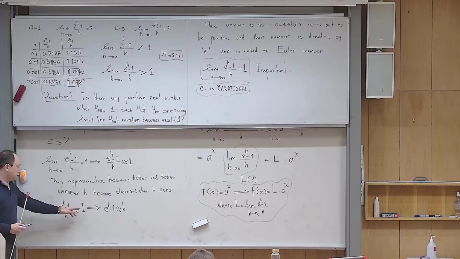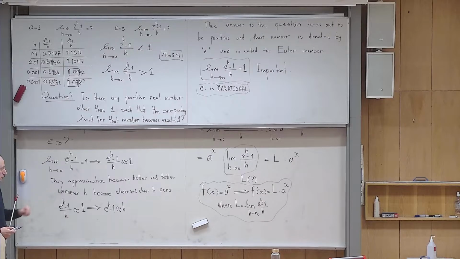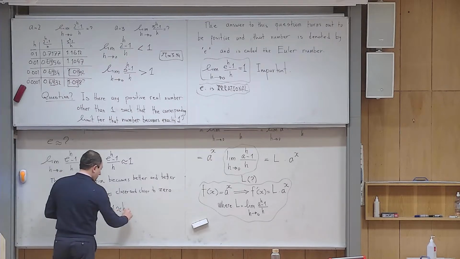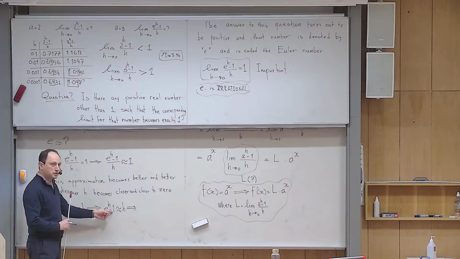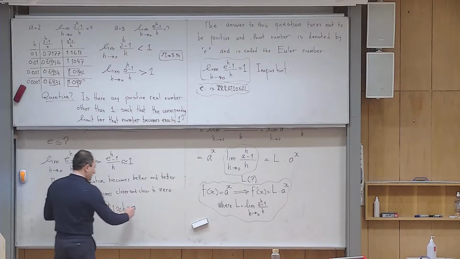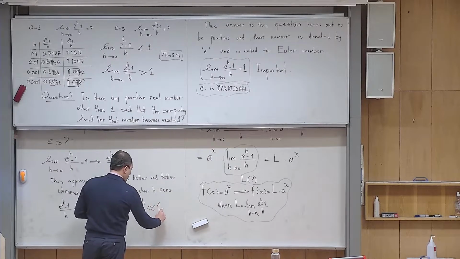I am looking for e. Remember, I don't know e, I want to make something for e, so I have to isolate e. That is my goal. To isolate e, the first step is to move minus 1 to the other side. So then it becomes e to power h is approximately 1 plus h.